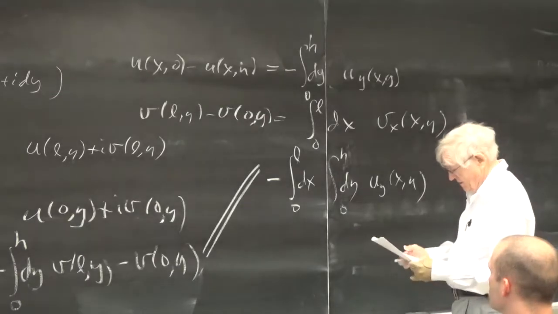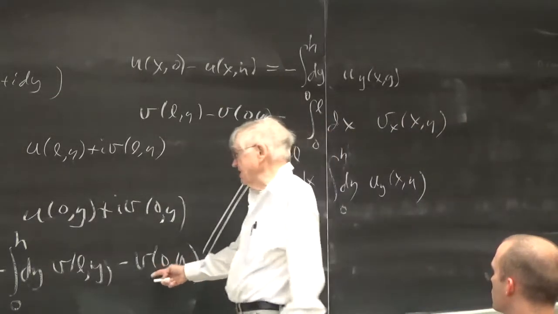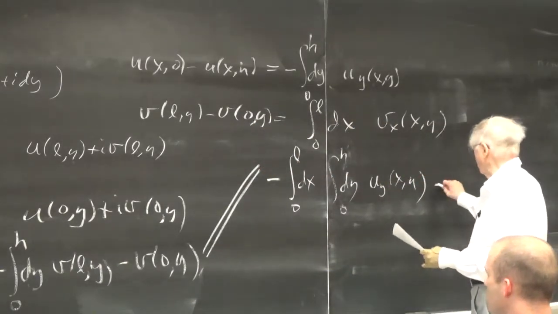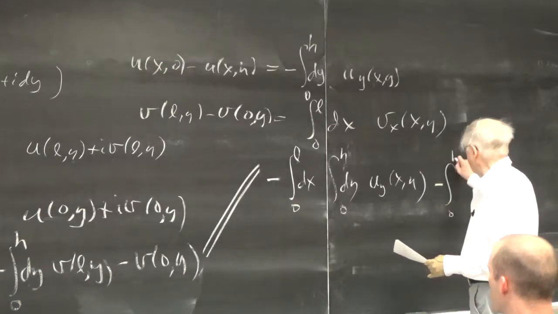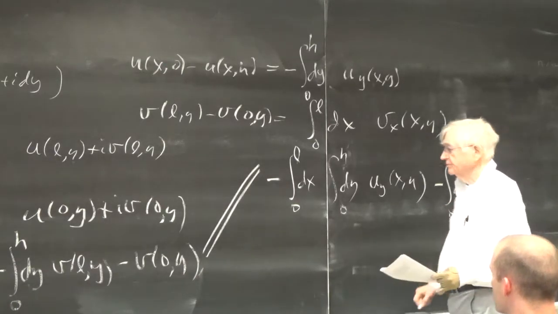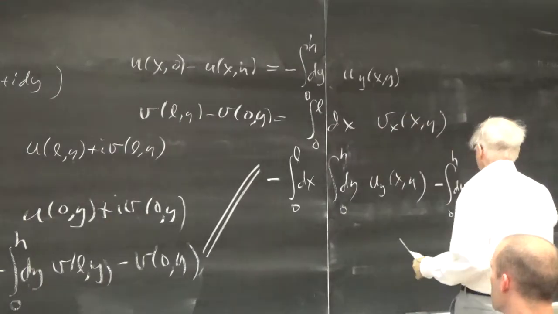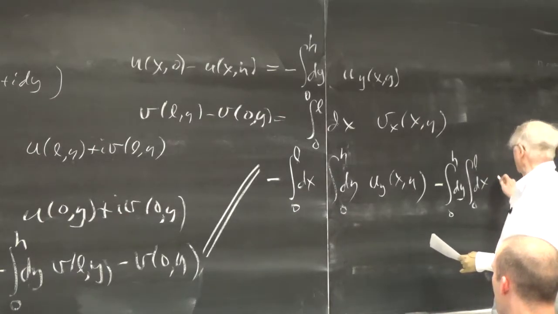And then this second integral here has, first of all, a minus sign, and it's integral 0 to h dy, and then it's this thing here, which is 0 to L dx, and so we've got v sub x of x and y.